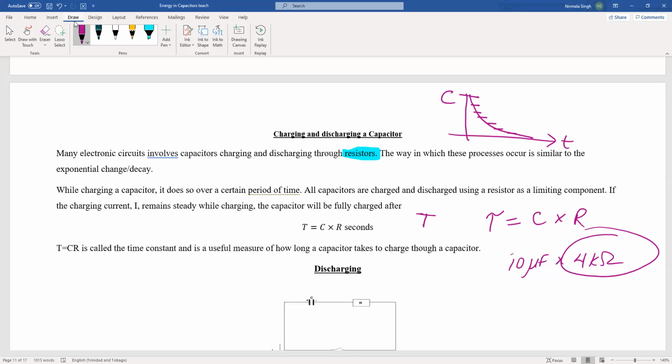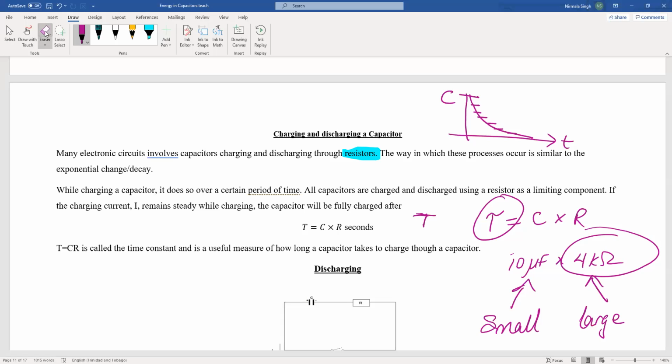If we have a very small capacitor, which is still a small number because micro is 10 to the minus 6, we need a somewhat large resistor in order to have an appreciable time constant. This is really cool, the time constant.